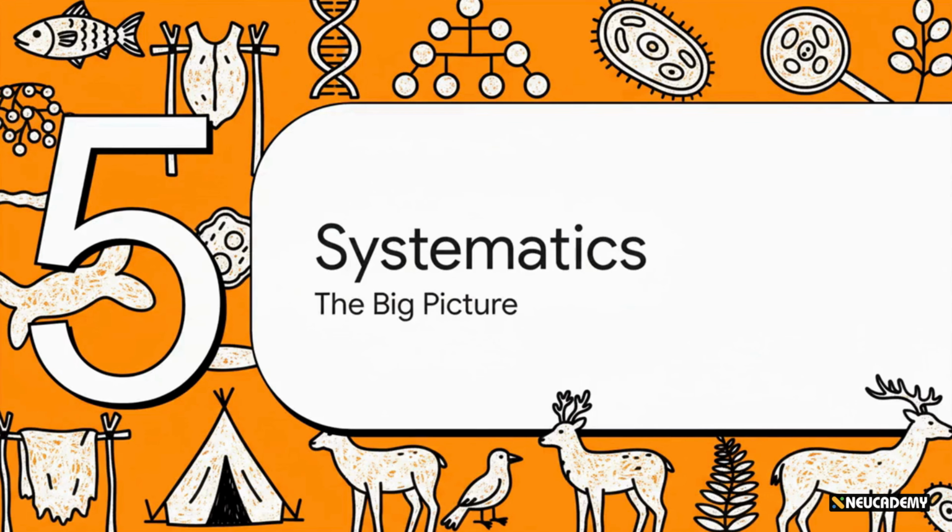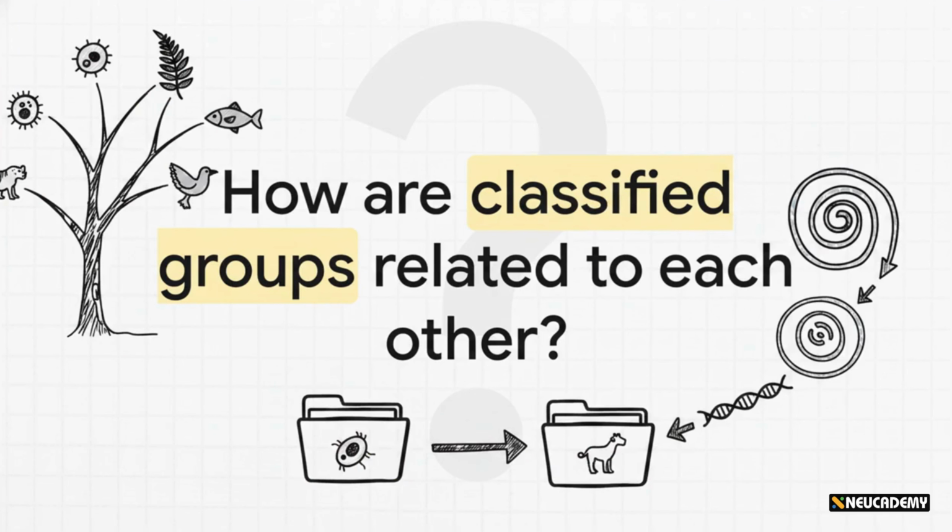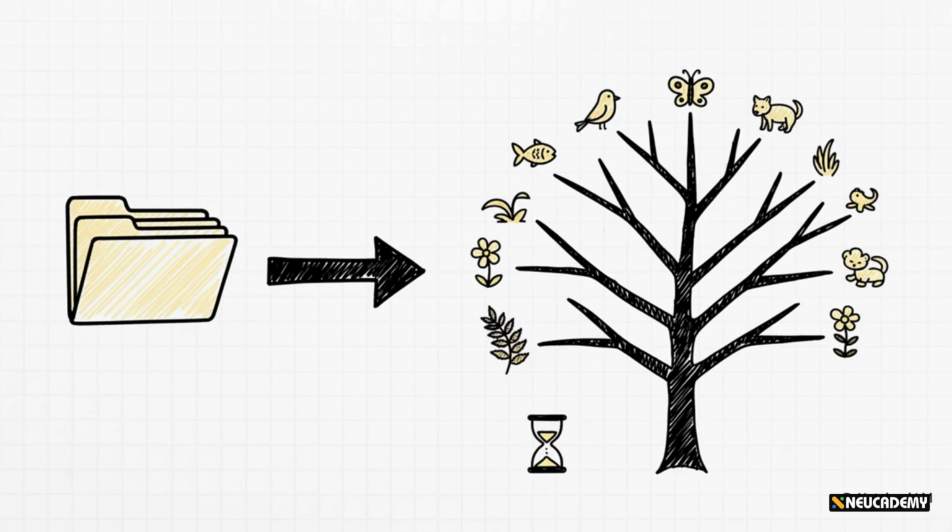While early humans only classified organisms based on their practical uses for food or shelter, modern biological science zooms out much, much further. Let's look at Section 5, the big picture, systematics. This leads us to a much deeper question. How are all these classified groups actually related to one another? We've successfully categorized them into neat folders, sure, but what is the evolutionary thread tying them all together? The answer to that is systematics.